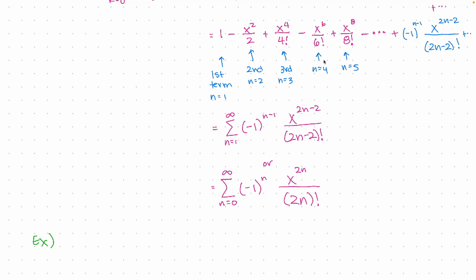But as far as how to write your final answer, do you have to write it in individual terms, like we had at the top of the screen, or as a sigma? The answer is, you pick. Unless the directions tell you specifically to write it as a sigma or show each term, you get to pick how you want to put your answer. That doesn't matter. So we're actually not going to use sigma after this for our notes.